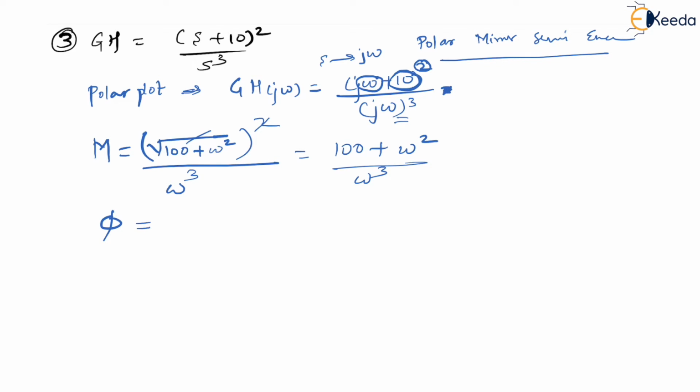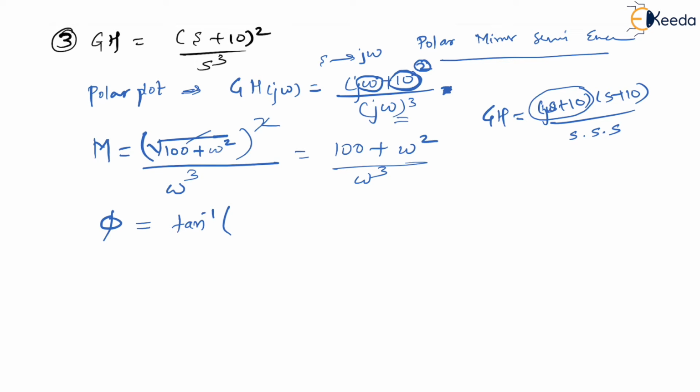If you see, on top you have this pole 2 times. If you don't understand, you can simply write it this way: GH equal to (s plus 10) into (s plus 10) upon s into s into s. It's okay, there is no problem, right? Now the angle contribution by the first one is nothing but tan inverse of imaginary part by real part.